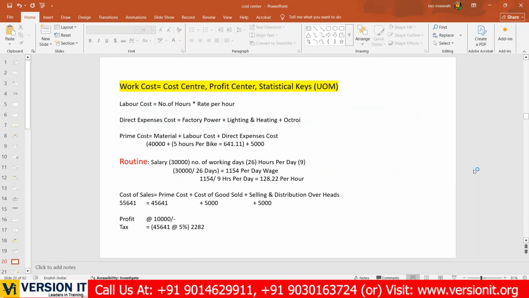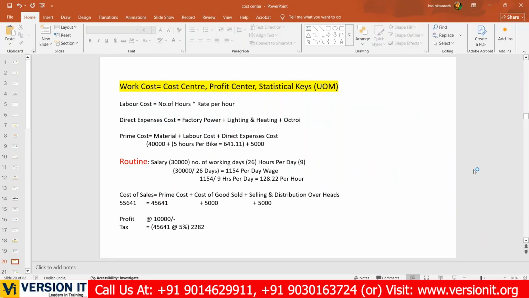This is a combination of cost center, profit center, and statistical key. Statistical key, in general, we call UOM, unit of measure.